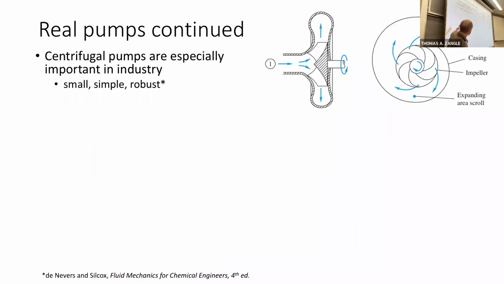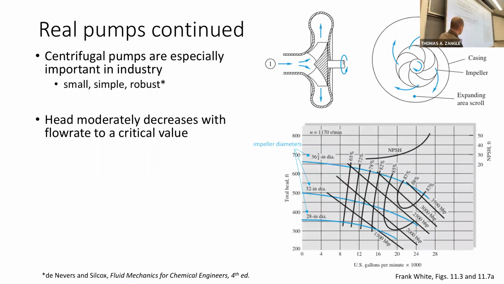One of the pumps you're very likely to encounter is a centrifugal pump. For a given capacity, they tend to be fairly small, simple, and robust, so they're very widely used. And this is typical of the pump curve for a centrifugal pump.